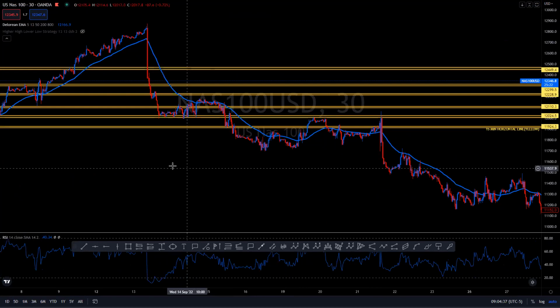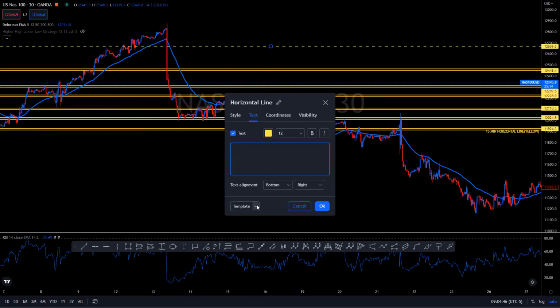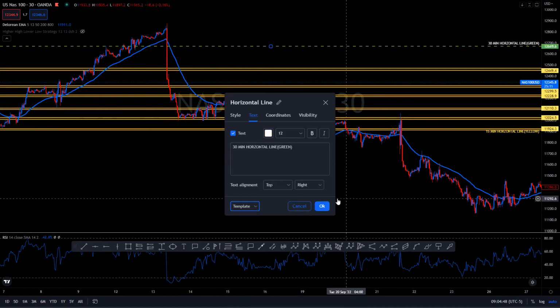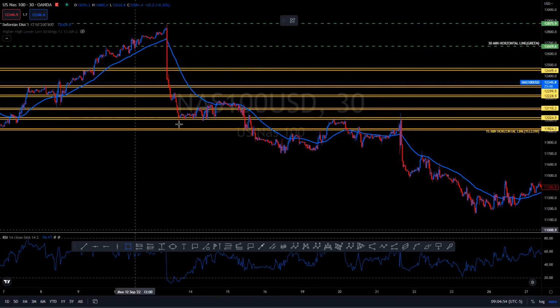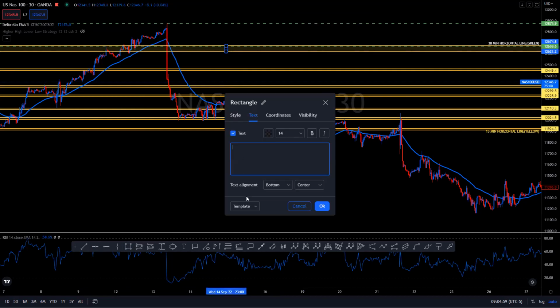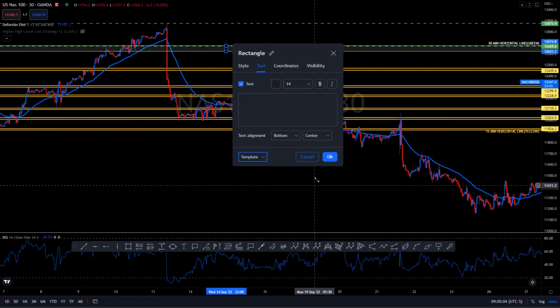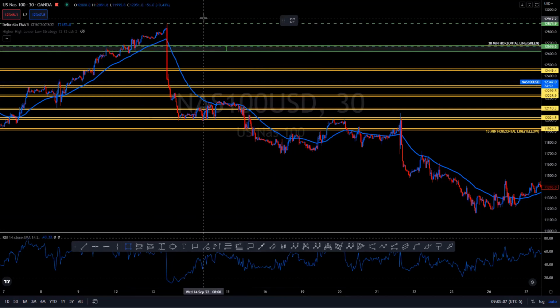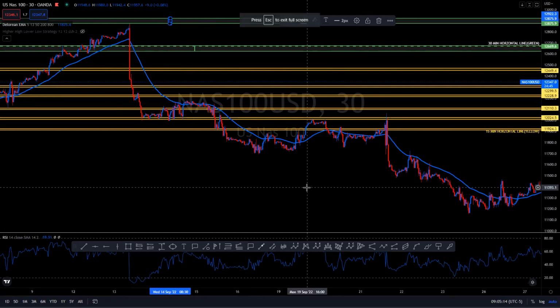So then what we'll do is we'll kind of mark up these areas at this corner. Right, so we want to do that. And then we want to grab these here.